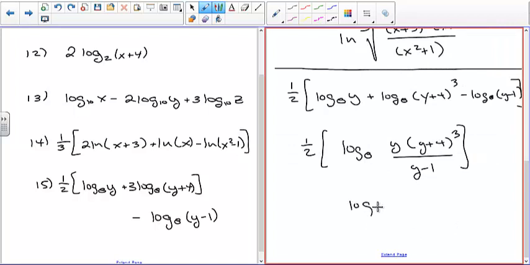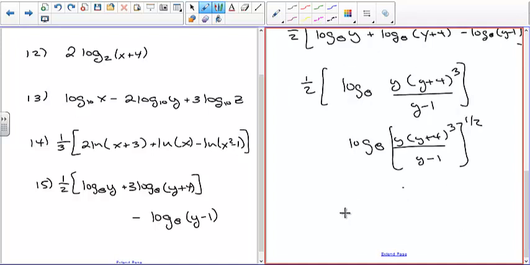So you'd have log base 8 of y times y plus 4 cubed over y minus 1, the whole thing inside to the 1/2 power. But then you can change the half power back to the square root. So you have the square root of y times y plus 4 cubed over y minus 1.